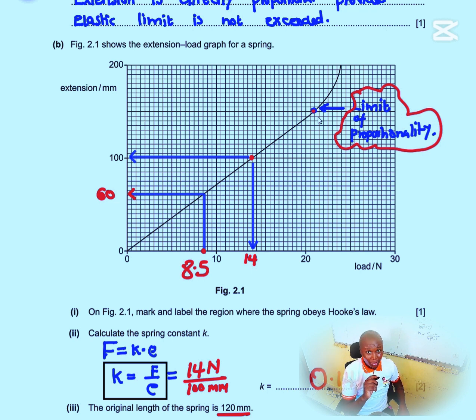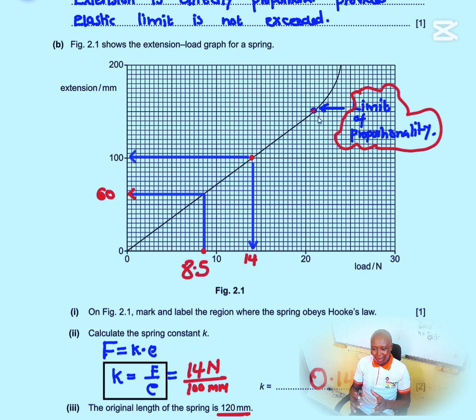So if you are asked to define limit of proportionality, we are going to say this is the maximum point up to which extension is directly proportional to the load or to the force. All right. So if you have understood that, you need to understand also the concept of Hooke's law.